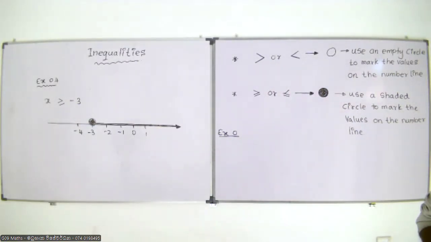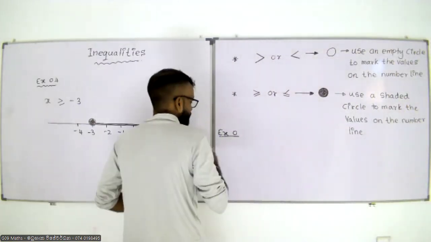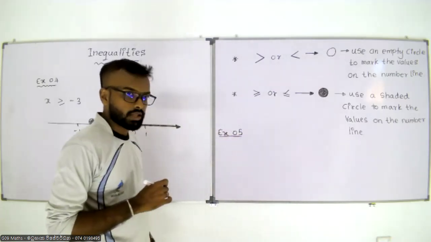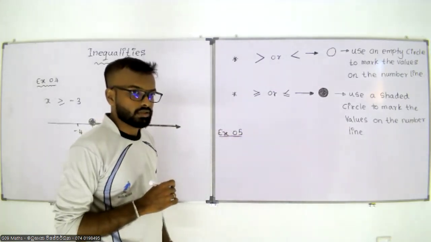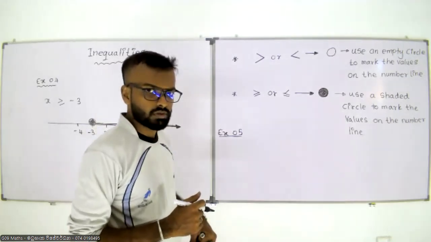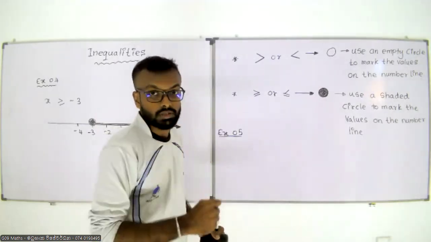Right. Example number 5. An interesting one. You need to pay your attention here. There are two values, and in between those two values you have the solutions.